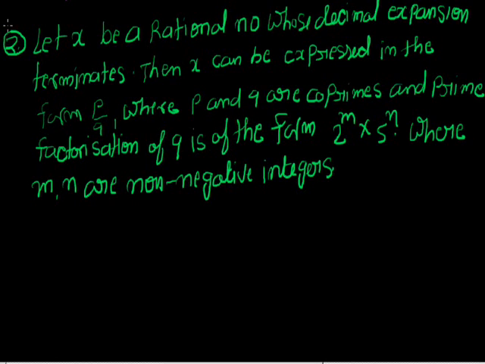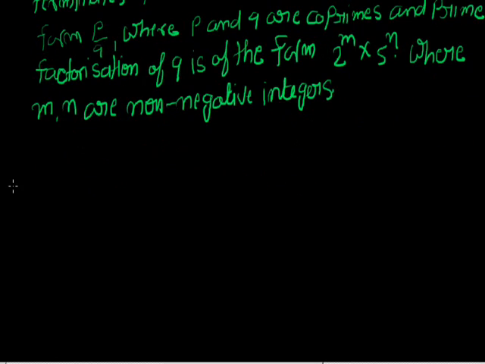Now let us solve a few questions based on this result. That is our first question. Without actually performing long division, we have to state which of the following is a terminating decimal expansion.